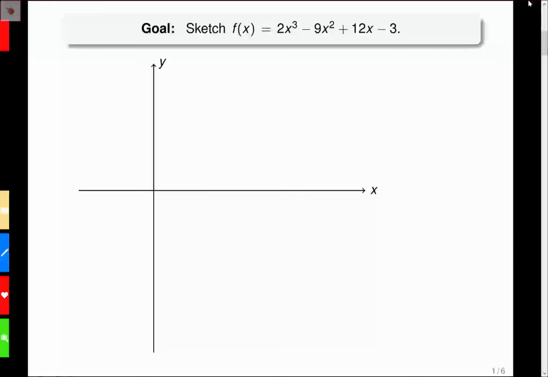To elaborate, we're going to show in this module that for the cubic polynomial we want to sketch, the point 1, 2 is a local maximum.